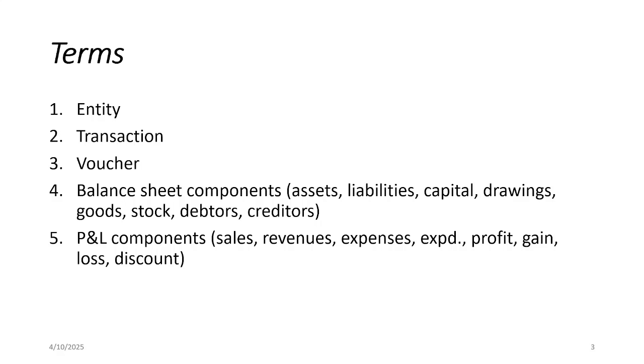So the person who is entering into a transaction has to fill up all those basic details in the form of a pre-printed form called a voucher. This voucher, along with supporting details, will help the accountant record the transactions in the books of accounts in a proper manner and then store the voucher for future reference, for audit, for government inquiries later on, say after 2 or 3 years.